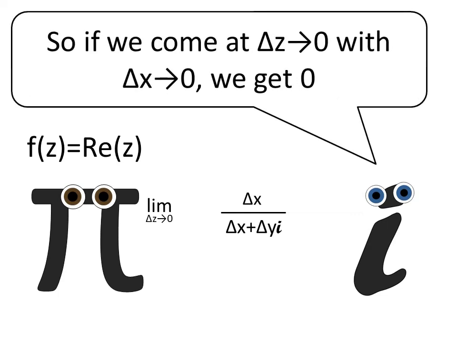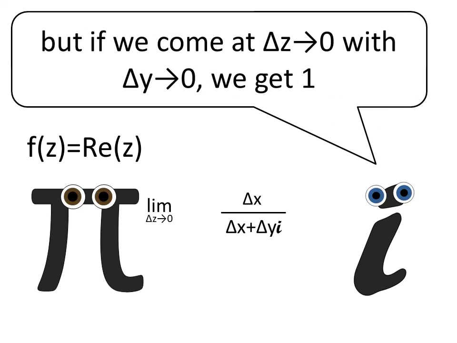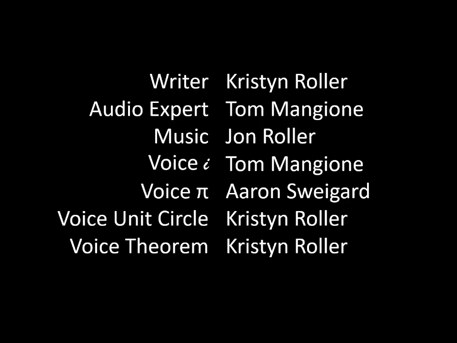So if we come at delta z approaching 0 with delta x approaching 0, we get 0. But if we come at delta z approaching 0 with delta y approaching 0, we get 1. So this problem is not differentiable because we can get 2 different answers.